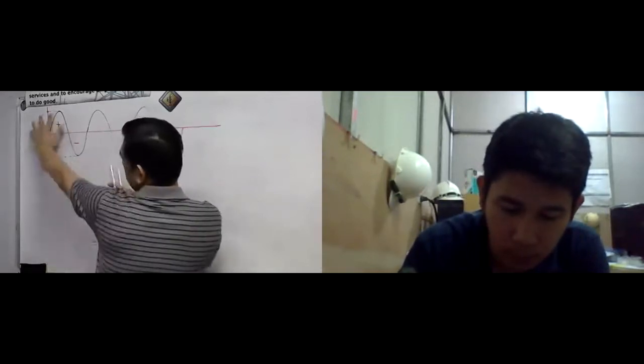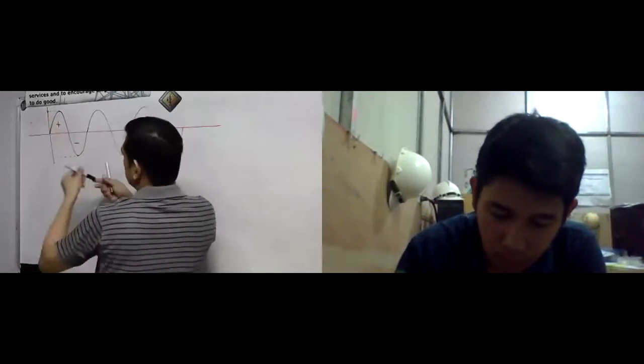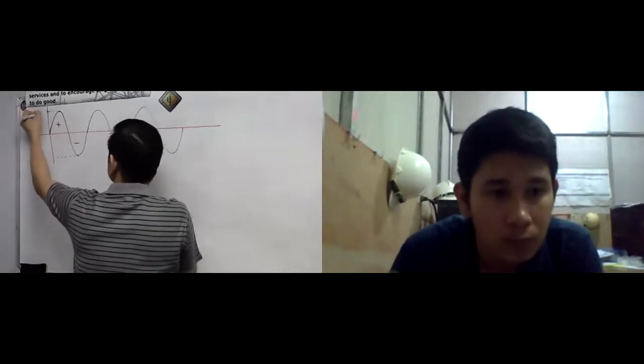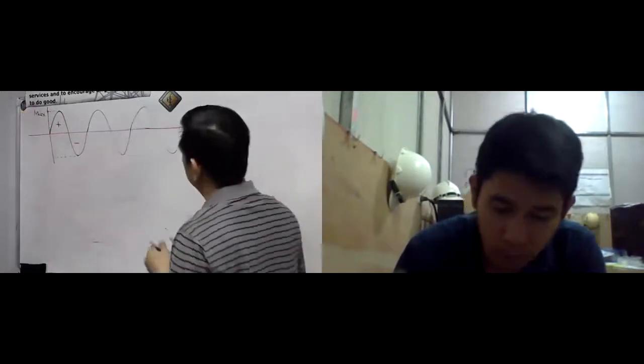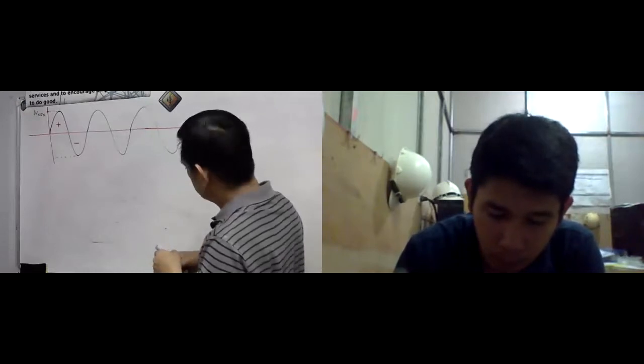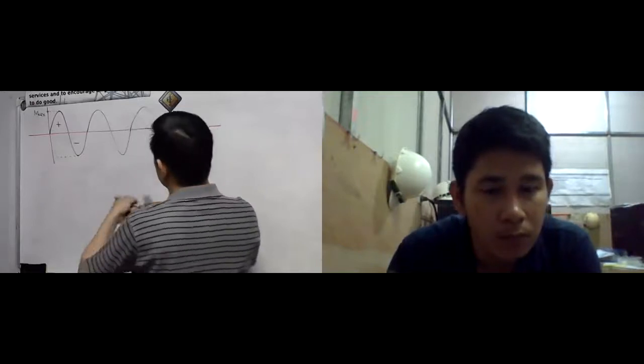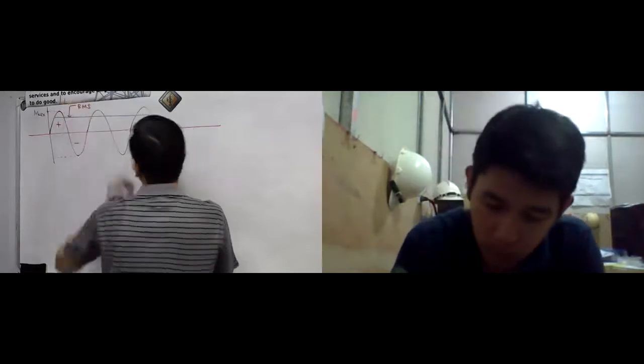So let us consider the positive peak value. Okay, so the positive peak value, this is our maximum value. Okay, so we have, let's say at this particular point, what we call the RMS value, the root mean square value, the RMS or the effective value.